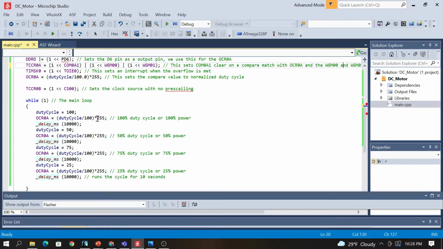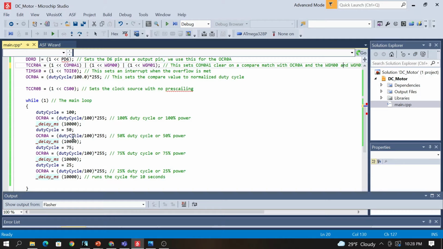So 100 divided by 100 is 1. We multiply that by 255, we get 255. 255 on a pulse width modulation duty cycle is 100%. It's going to be on. This is how we turn this thing on at full power. We delay it for 10 seconds. We set the duty cycle to 50.